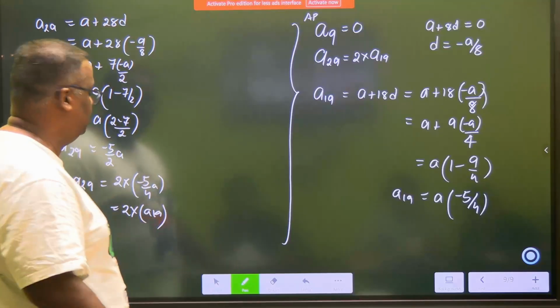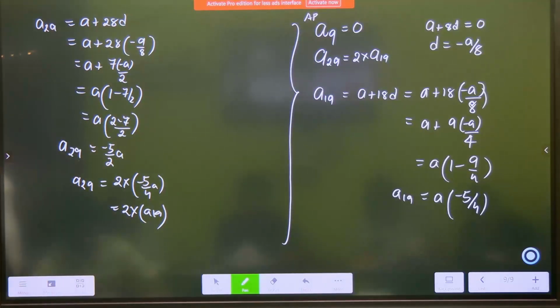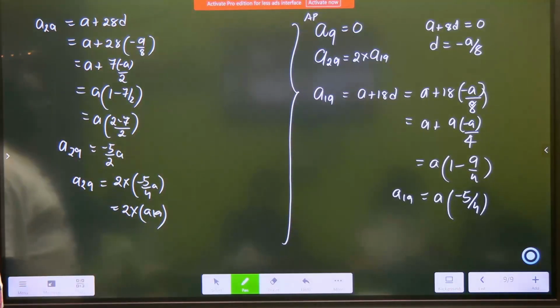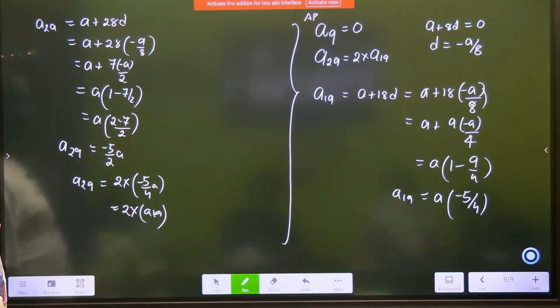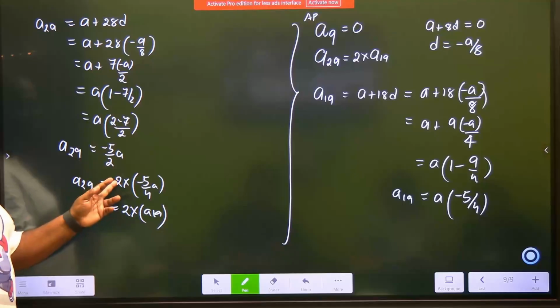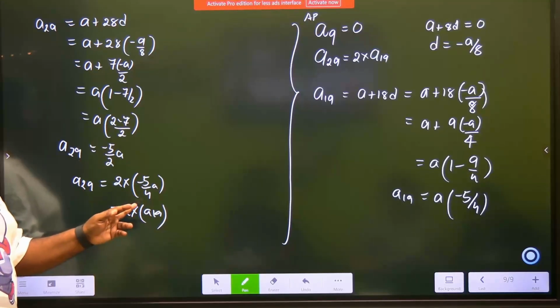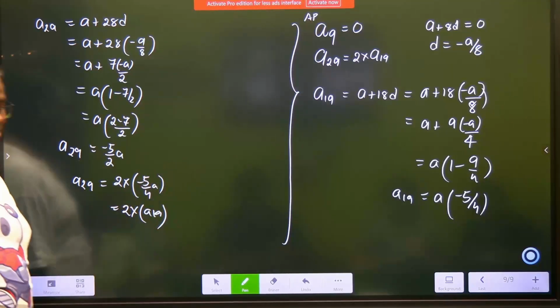Okay? Minus 5 by 2 became 2 times, so 2 here became 4. So this is A19 only.